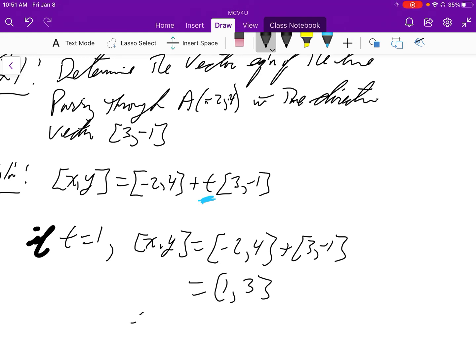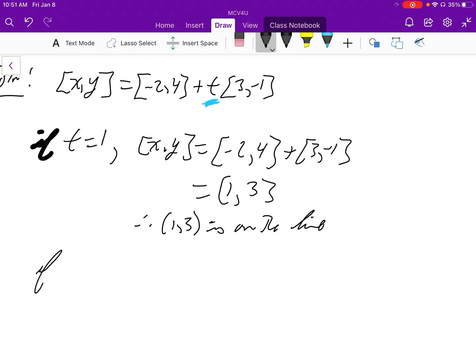That means the point (1, 3) is on the line. We have that, right? You can quickly see if t is equal to 0, then we're back at the point (-2, 4). So we have that as well, right?